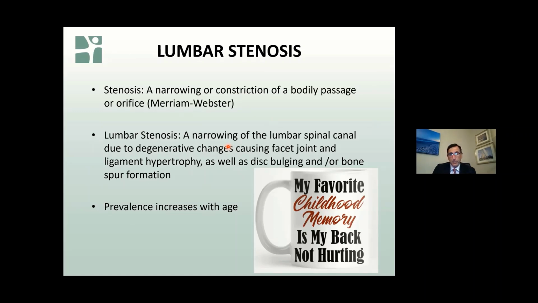And it's just essentially normal wear and tear that can sometimes lead to nerve compression. And as you get older, it becomes more common. So this is really more a disease of older people, but can occur also in younger people as well.